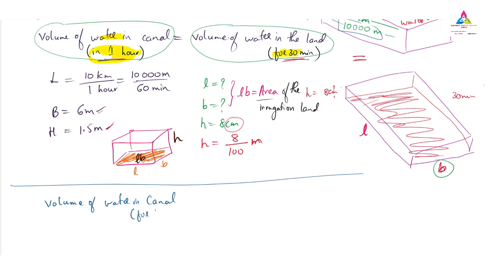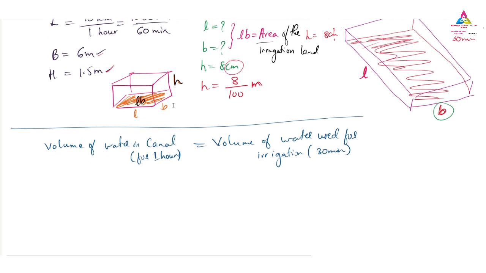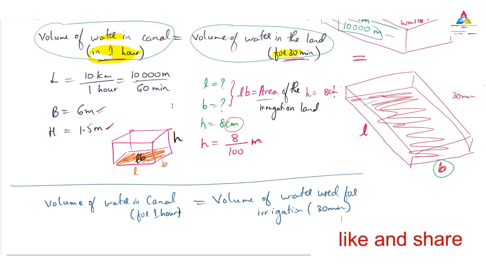For 1 hour, that is equal to volume of water used for irrigation. In bracket you can write 30 minutes. So here the minutes will play a very important role. I have already informed you about minute and hour. So we will substitute those values here.